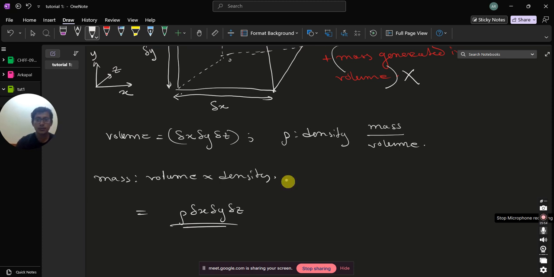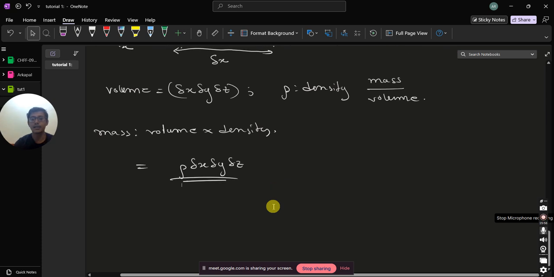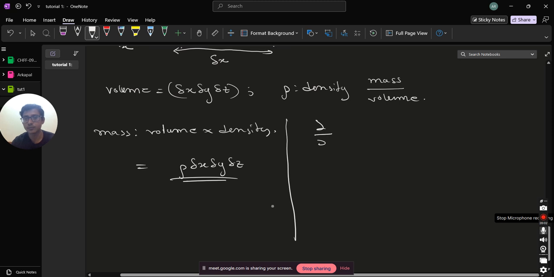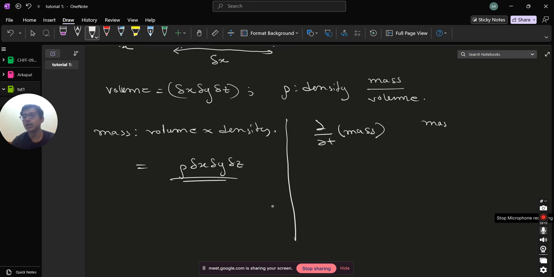Now, how do we mathematically write the rate of change of mass? You see, I have now used the partial derivative sign, right? Because the mass will be a function of both space and time.